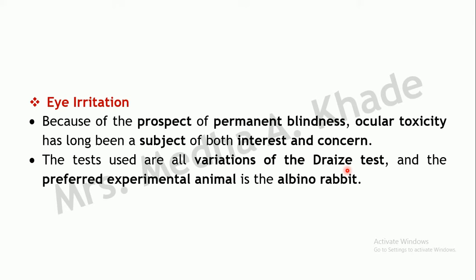Here the preferred experimental animal is the albino rabbit, and the chemical is instilled in the eye of the albino rabbit. But because of the potential damage to the eye and the blindness which may be produced by the chemical, a lot of ethical concerns have developed.